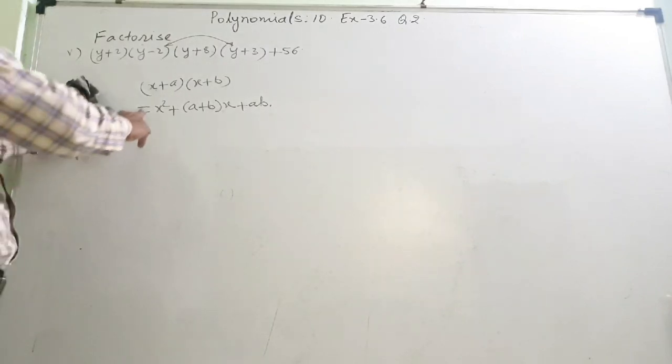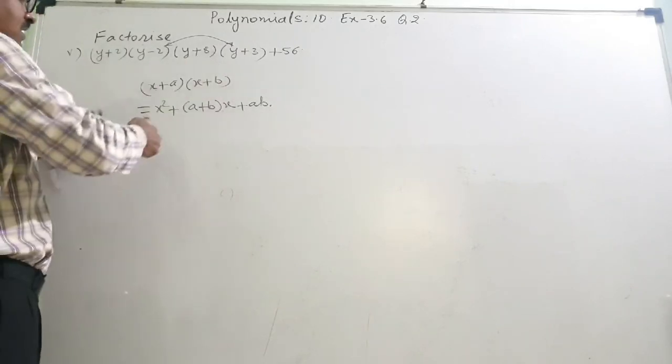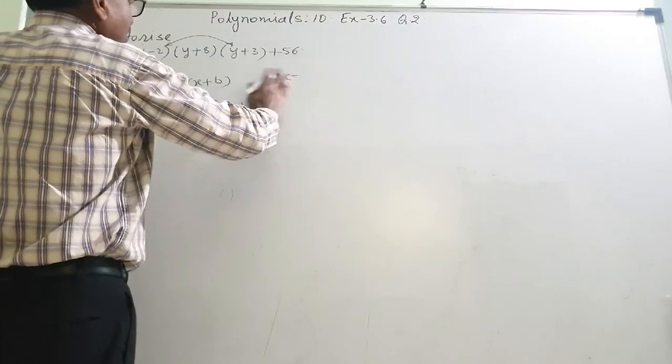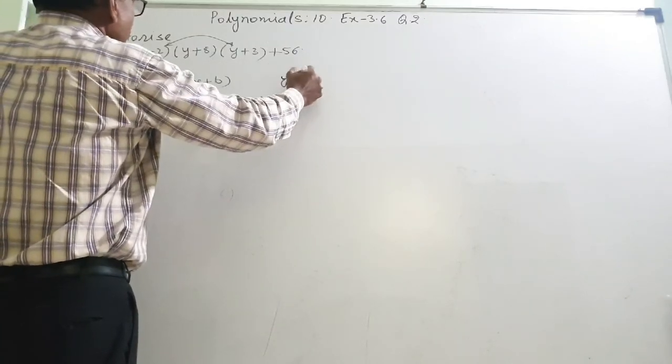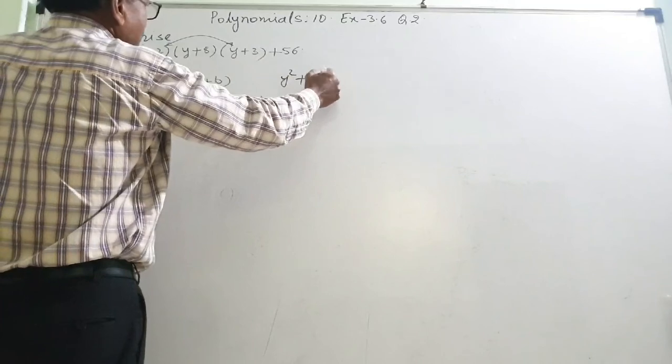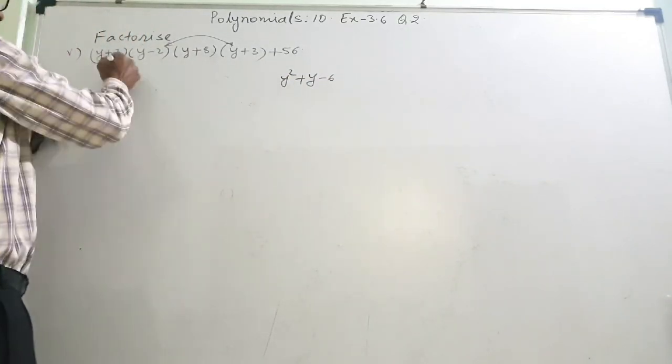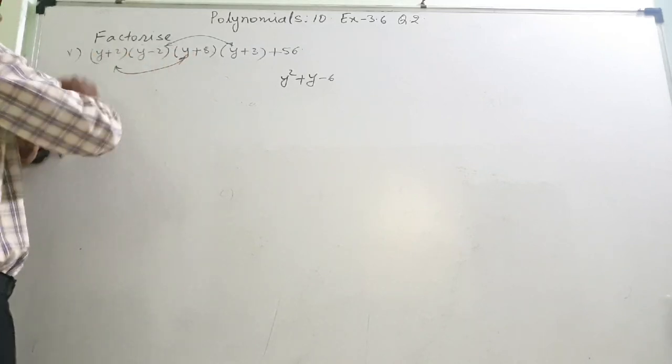This is not coming. What is coming for this is y square plus y minus 6 for this. And the remaining two for this, what it will come, that I will see.